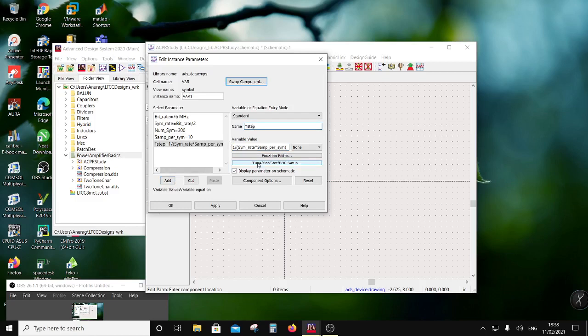And t stop is going to be the total number of samples.